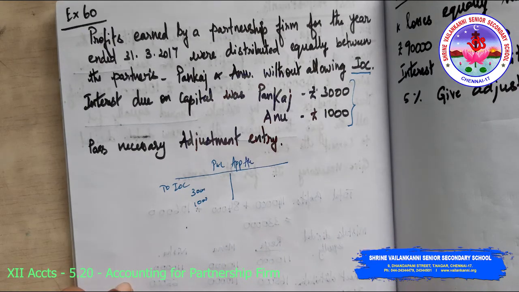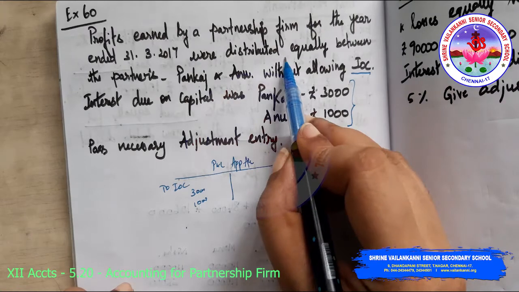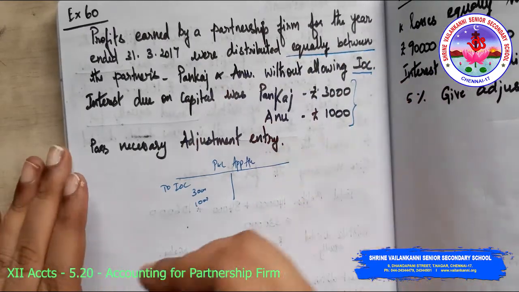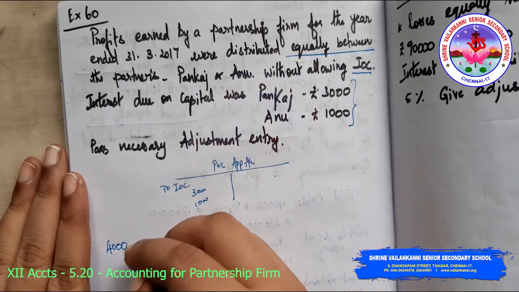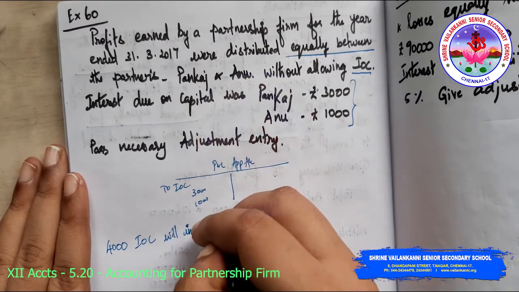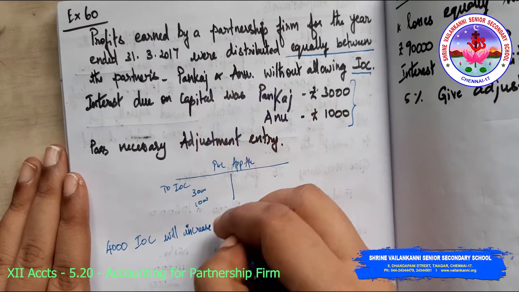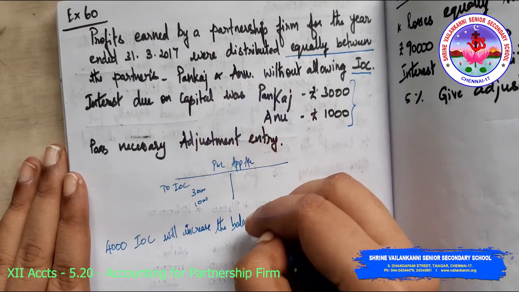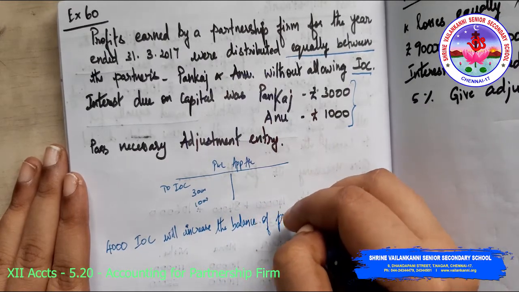How to rectify this? Now profits are equally shared. So 4000 interest on capital will increase the balance of profit.